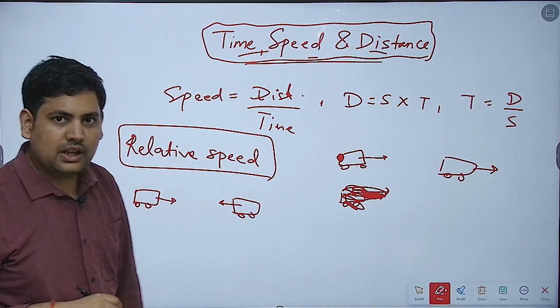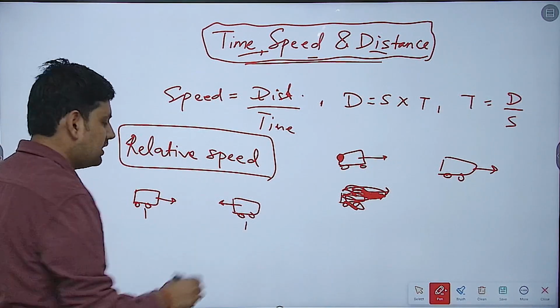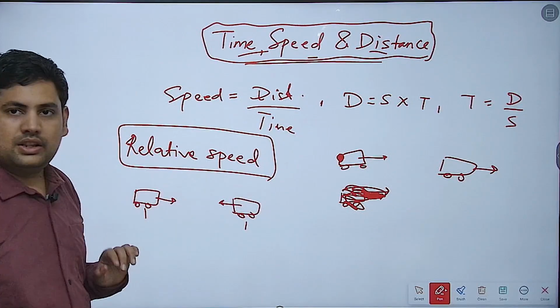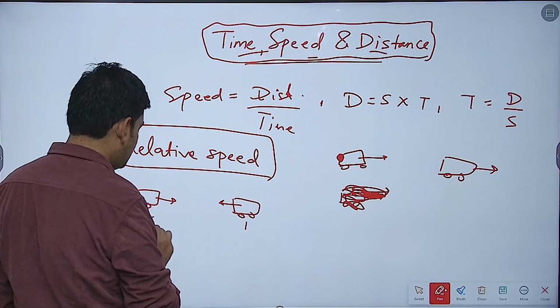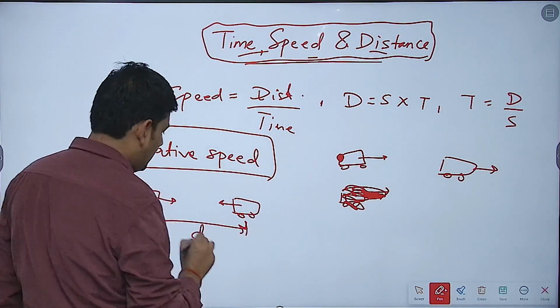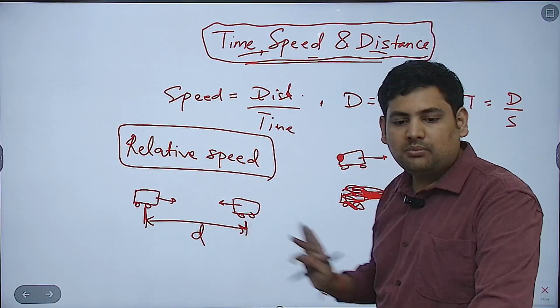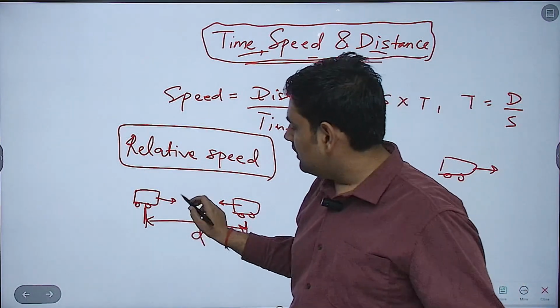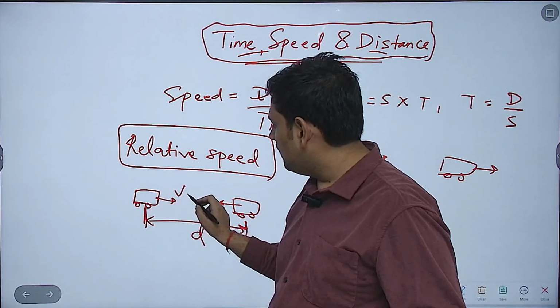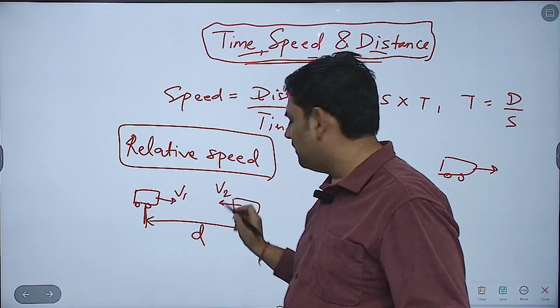Now you tell me, if these are the two cars, they're both approaching each other. So whatever is the distance between these two cars will be covered by what velocity? Let's say this is going at speed of v1 and this is going at speed of v2.